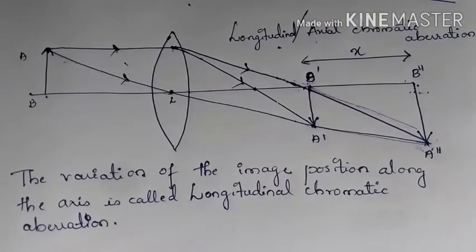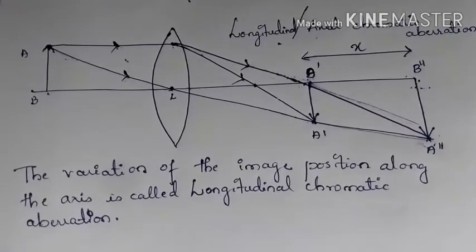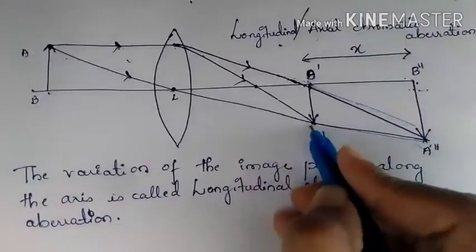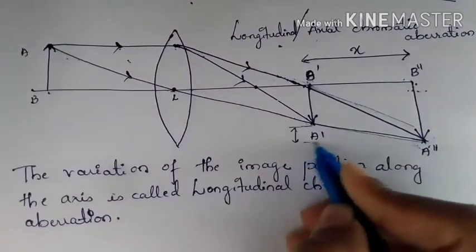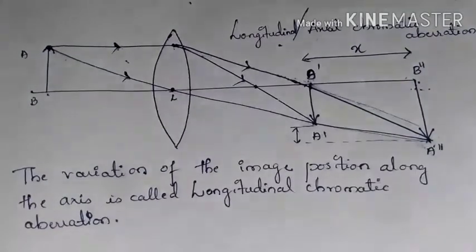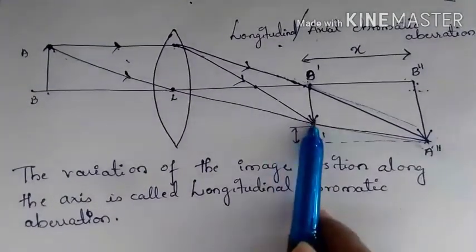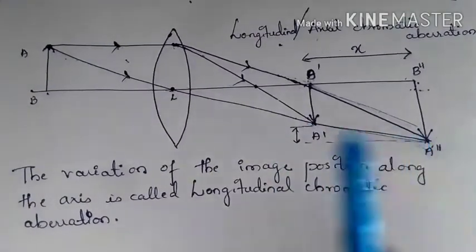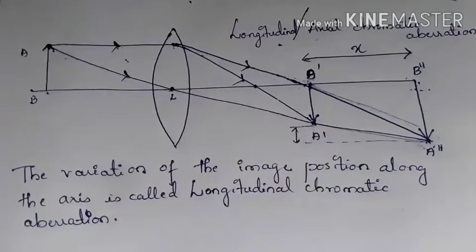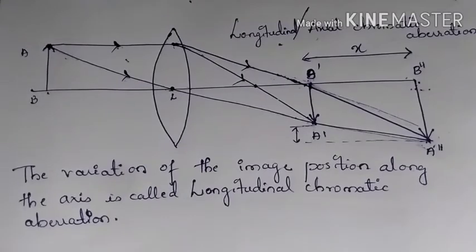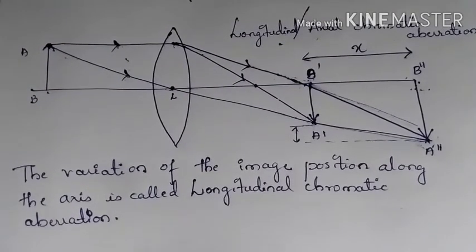This is the first point that you have to understand. And the second is, if you see here, from here to here, this image is smaller than this image, and the variation in image size due to change in refractive index is called lateral chromatic aberration.